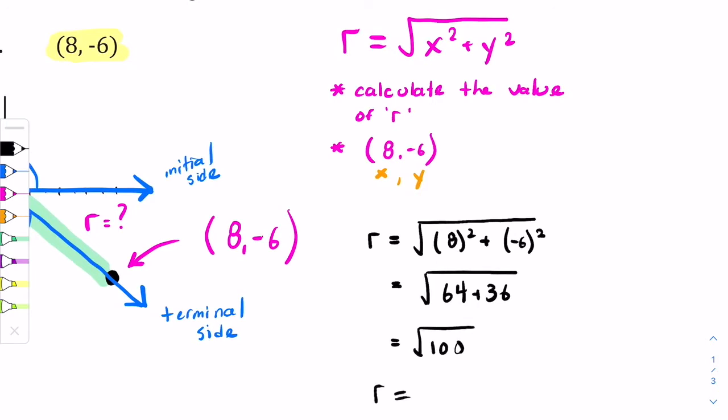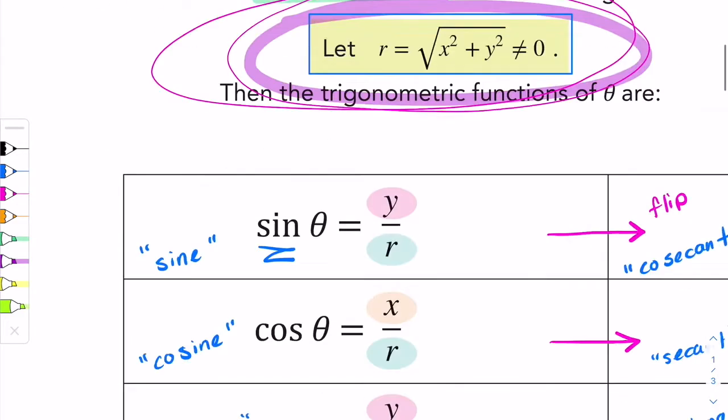Therefore, r is equal to the square root of 100, which is 10. Remember that we're looking for the radius. The radius has to be a positive value. So of course, the square root of 100 could be positive or negative 10, but we only want this positive value because we're looking for a distance, and distance is always positive.